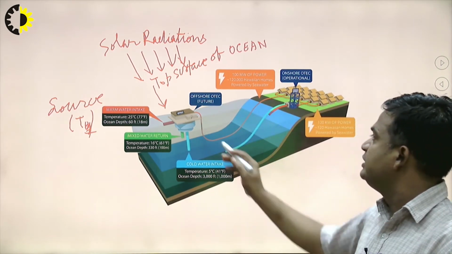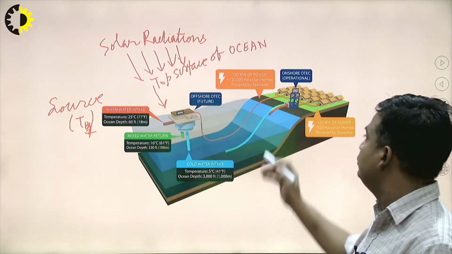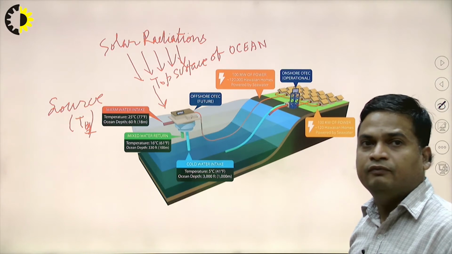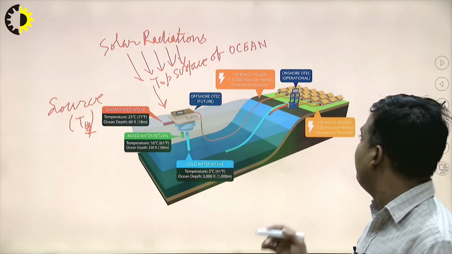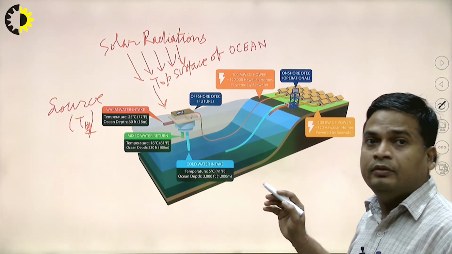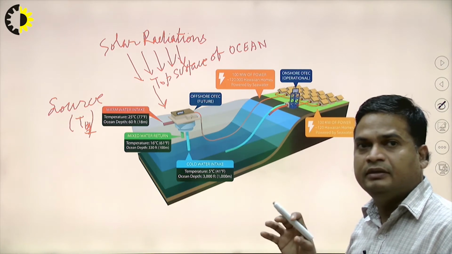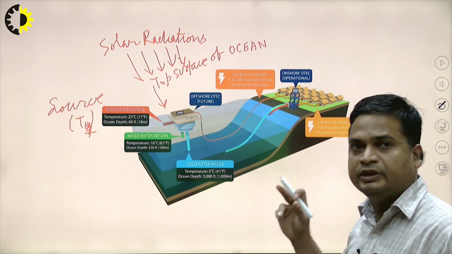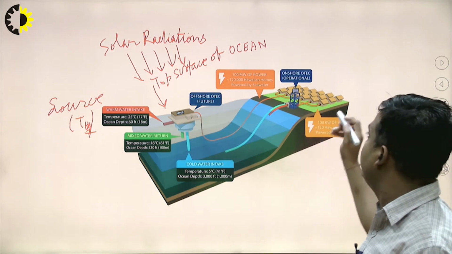Now this heated water is used to convert the working fluid, which is in liquid form, into vapor, and that vapor, at high pressure, is used to run the turbine, meaning the blades of the turbine, and thereby the turbine runs the generator.